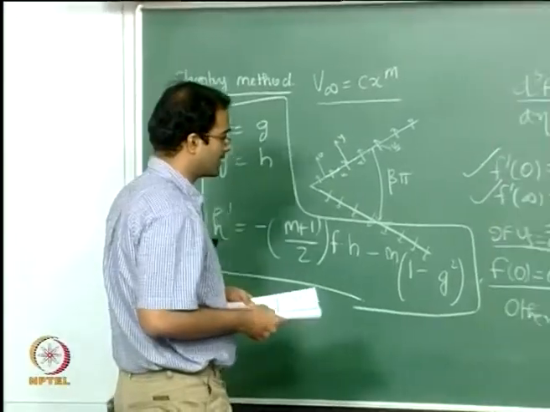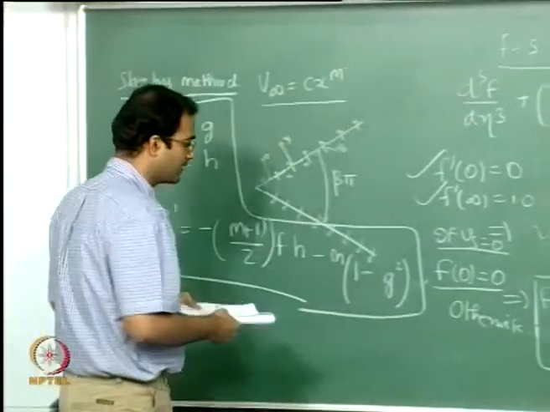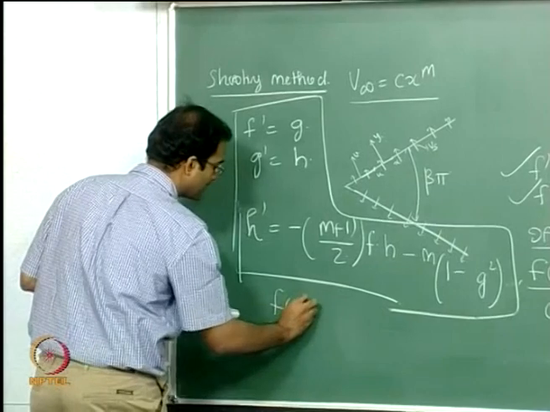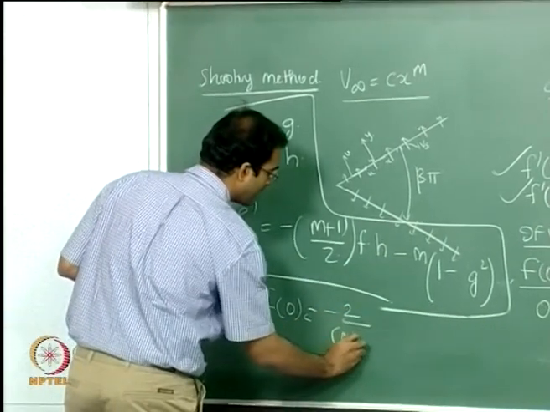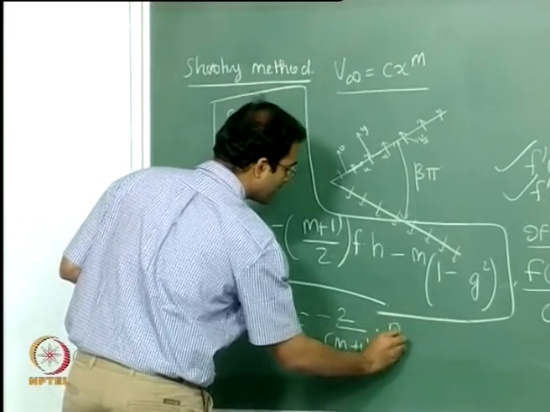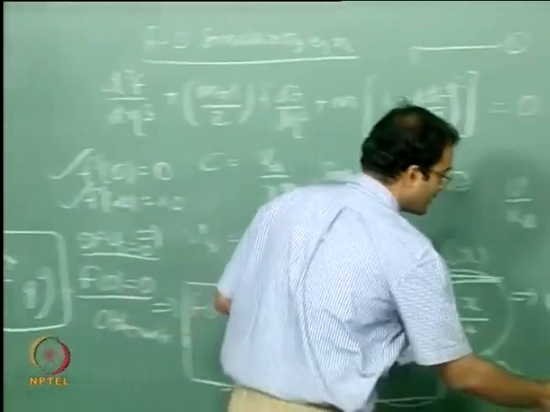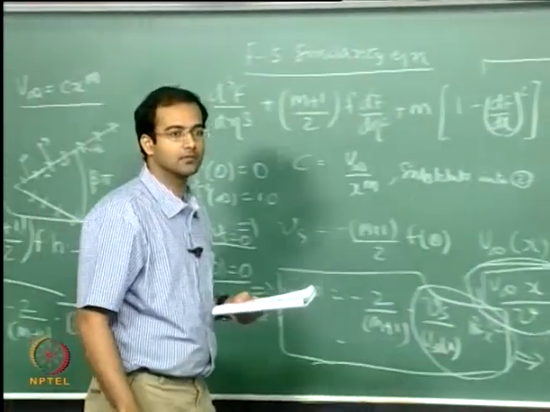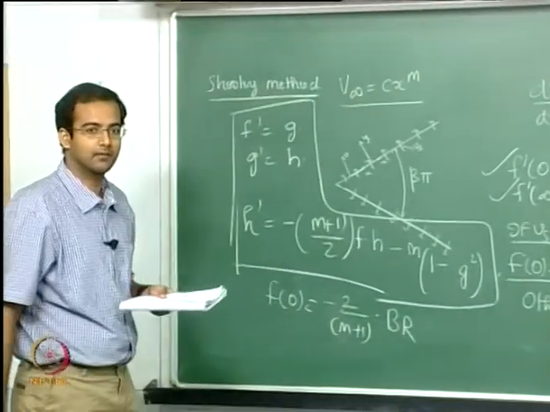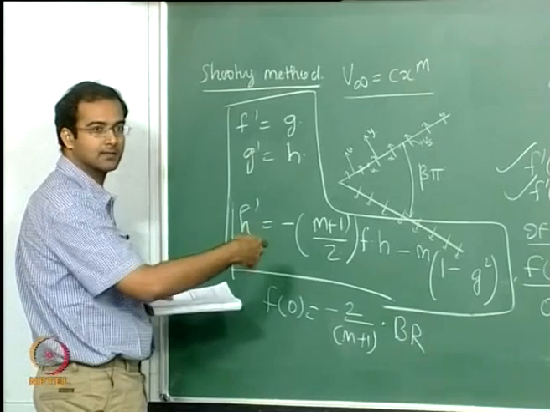Earlier it was f of 0 equal to 0, now f of 0 is equal to minus 2 by (m plus 1) into blowing ratio. Okay, so this entire thing, let me use the notation BR. It could be some constant value, either positive or negative. So for a given value of m, this is some constant.